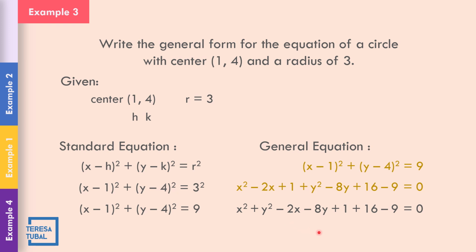As you can see, 1 plus 16 is 17 minus 9, the answer is positive 8 equals 0. So the general form of the equation of the circle is x squared plus y squared minus 2x minus 8y plus 8 is equal to 0.